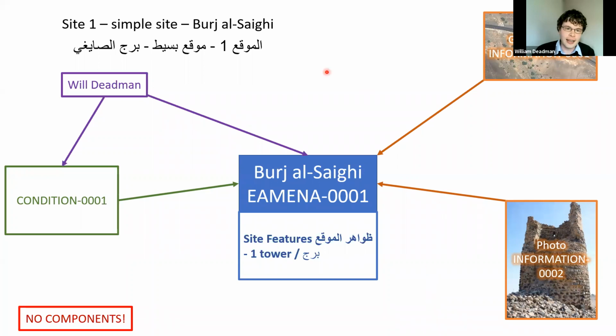And then you'd have a person organization record linked to both of these things as the person creating these records. So that's a simple site. Bear in mind, this may be a simple example, but it needn't be this complex. It can be simpler as well.